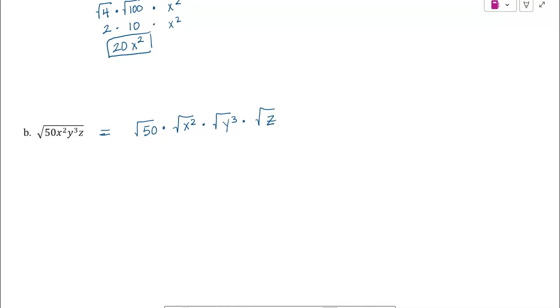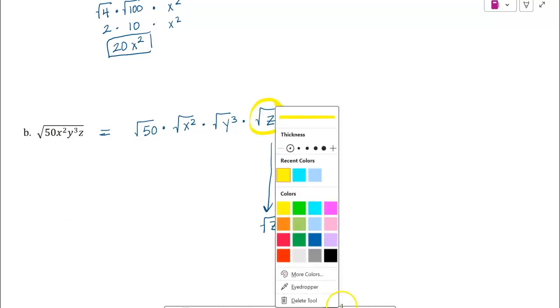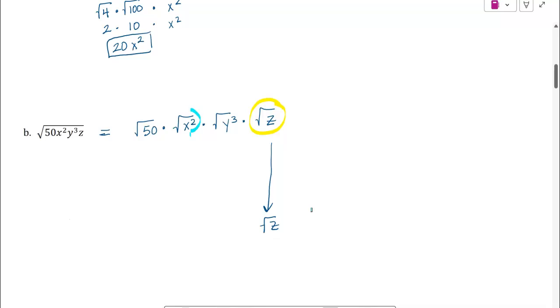Well, I already know that this guy can't be simplified at all because I don't have any exponents on the z, so that's just going to stay as square root of z. I like the x squared underneath the square root because that is going to cancel really nicely. So that one is going to end up being just x.